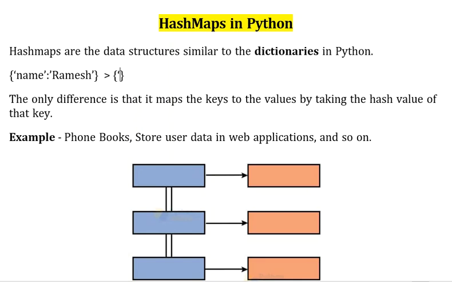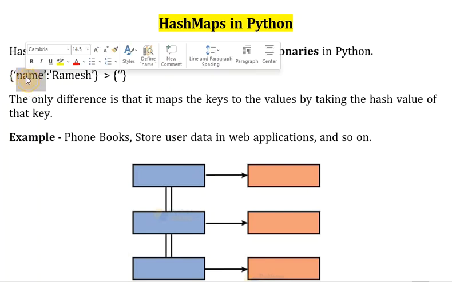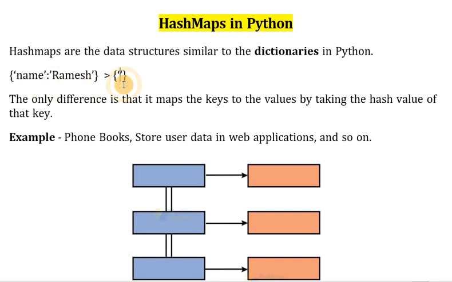First of all, it calculates the hash value of this key. So here the key is name. So it calculates the hash value of the key, name. Then after that it stores the value similar to the dictionary. So the value here is Ramesh.